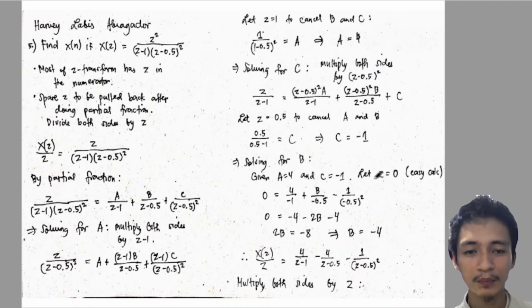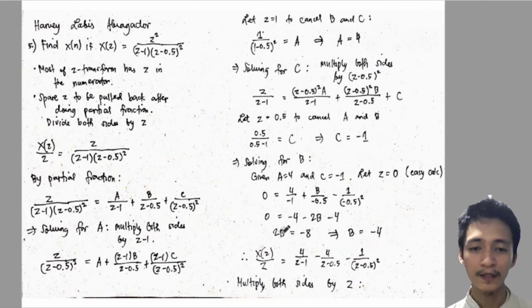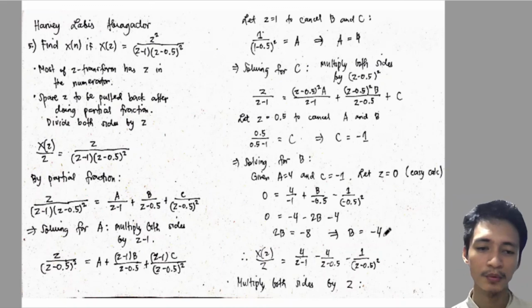If we let z equal 0, this becomes 0 equals 4 over negative 1 plus B over negative 0.5 minus 1 over (negative 0.5) squared. So simplify: 0 equals, this part is negative 4, this part is negative 2B, and this part is just negative 4. Therefore, 2B equals negative 8, which suggests B equals negative 4.